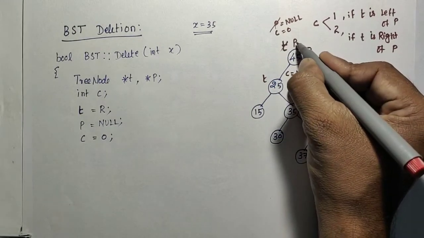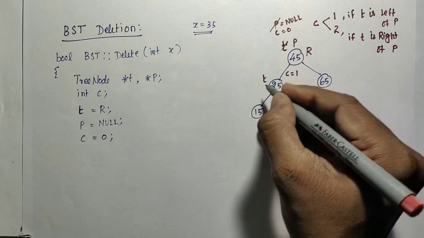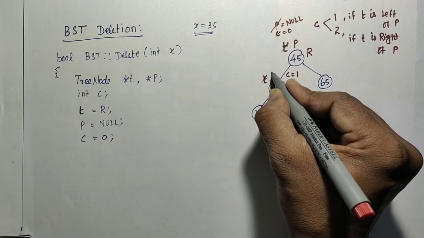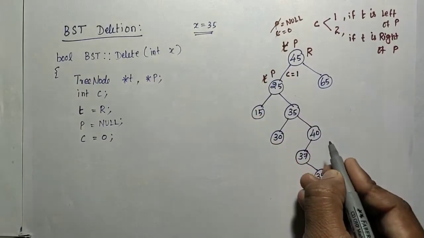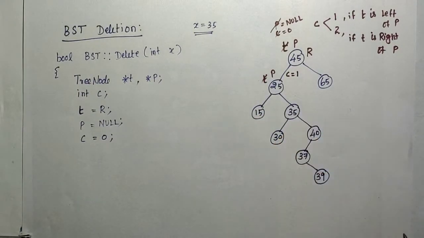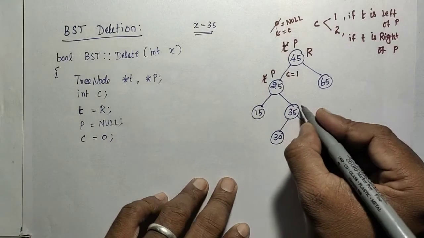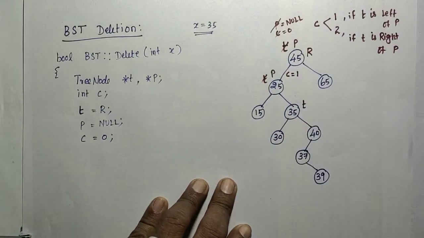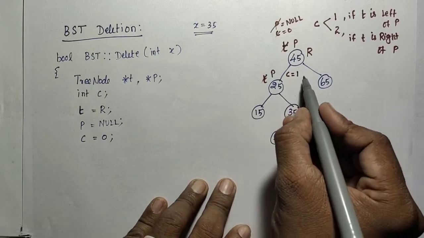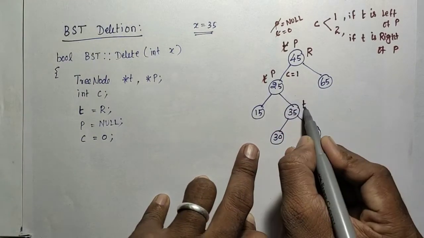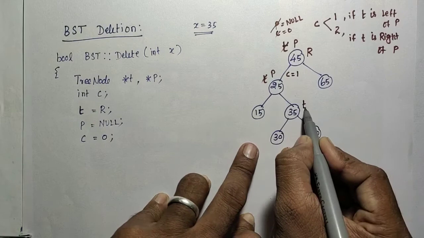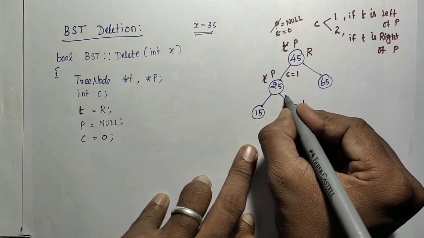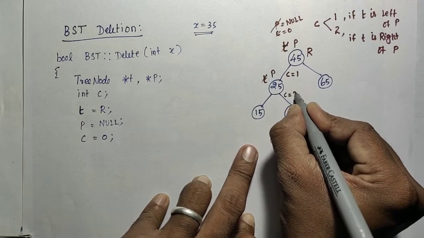So update the current t as the p and t will be moved to the right. So t equal to t of right. T will be moved to this node. Okay. So by the time c will be updated with what? Now the t is the right of the p. So that c will be updated with 2.